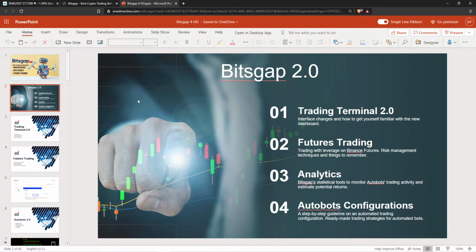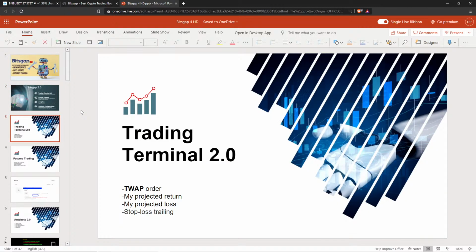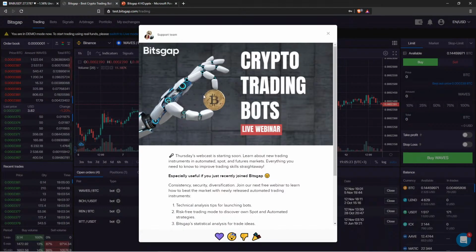And of course, ready-made strategies, basics, and what it takes to launch automated algorithms in just 1 minute. So let's start with the trading terminal 2.0.